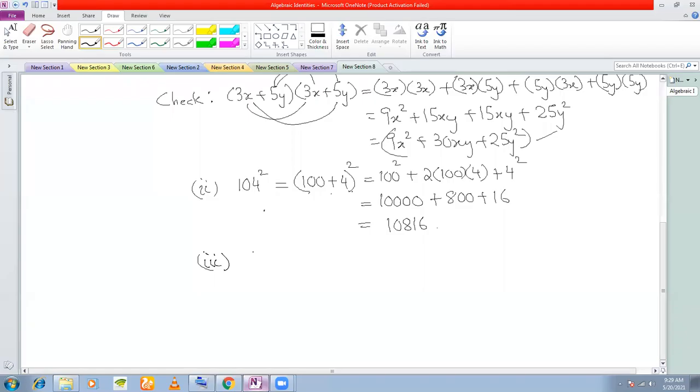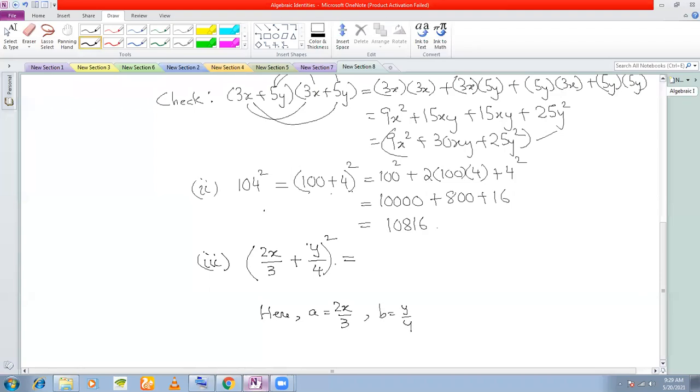If you have to expand, say (2x by 3 plus y by 4) whole square. So here, what is my A? A here is 2x by 3. B here is y by 4.